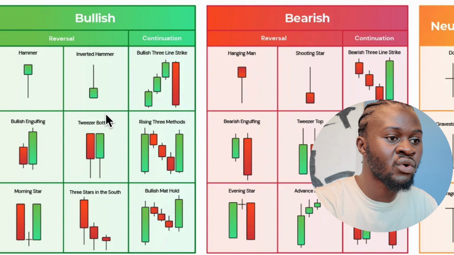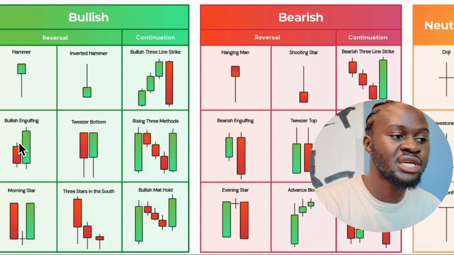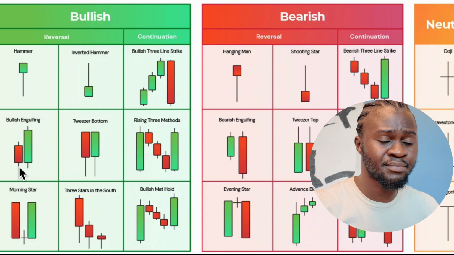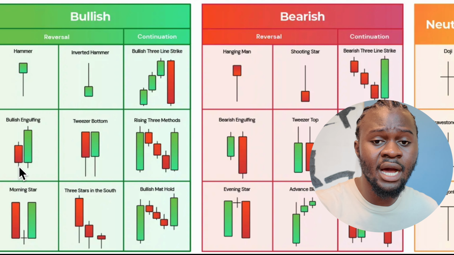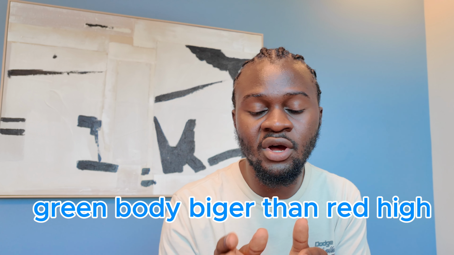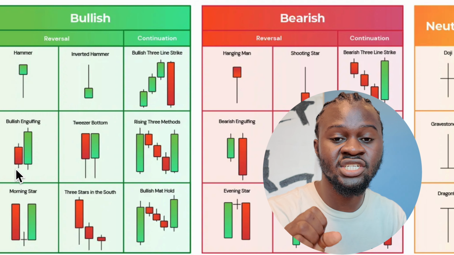So let's go to some double candlestick patterns. We have the bullish engulfing candle. It's a potential bullish reversal candle that happens towards the bottom of a downtrend, like a hammer. It's a two candlestick pattern where the body of the bullish candle fully engulfs the size of the previous bearish candlestick.